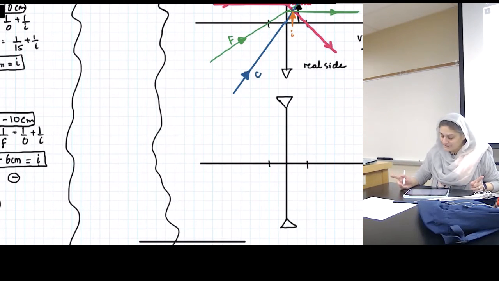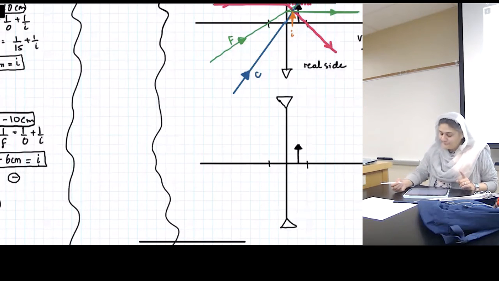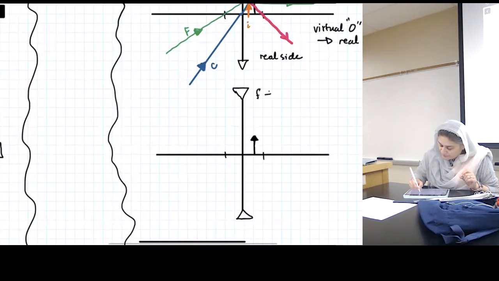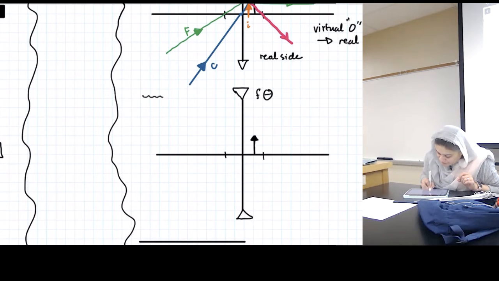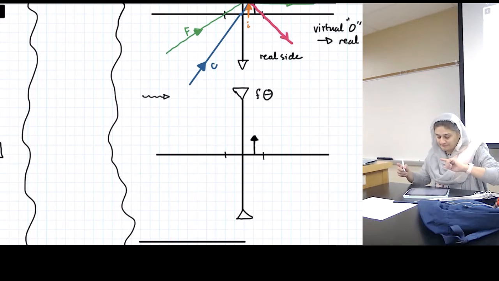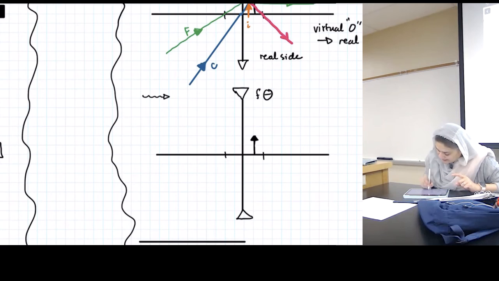Now, in this case, my object is at 5. This is a diverging lens with a focal length. Focal will be negative. And remember, I need to draw my squiggly line to remind myself where the rays are coming from. So my parallel ray has to come from what side?